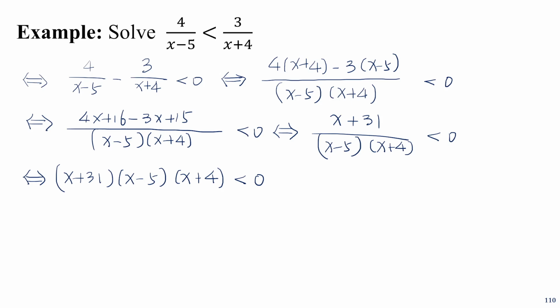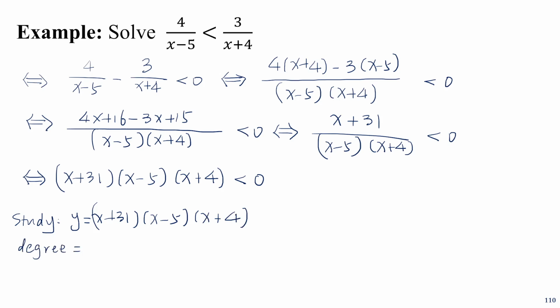It's better to sketch its graph. So next, let's study y equals x plus 31 times x minus 5 times x plus 4. Well, in order to sketch this graph, we need to study its degree, which is 3, right? Leading coefficient, 1 times 1 times 1 is 1, right? Which is greater than 0.